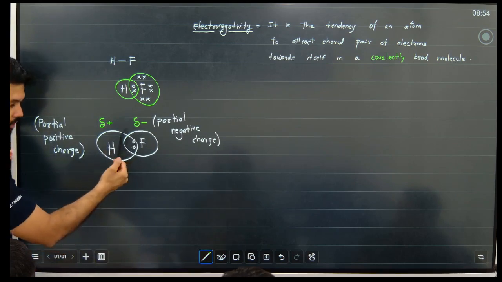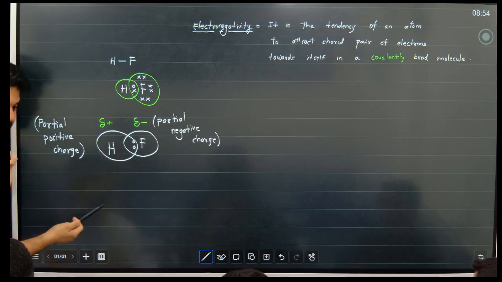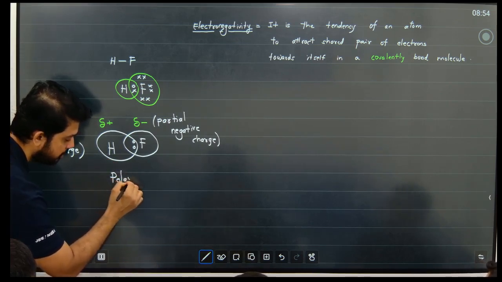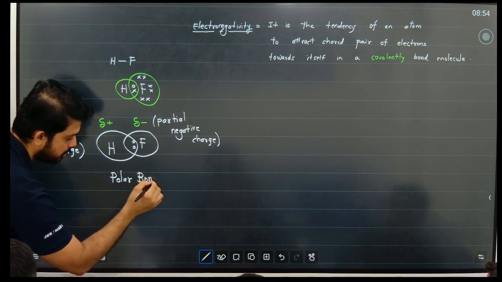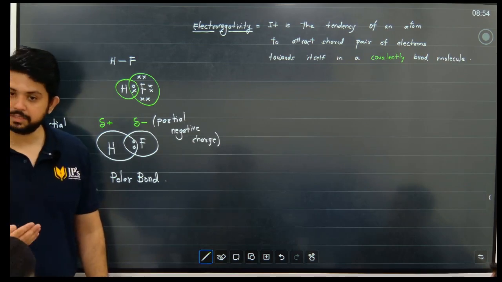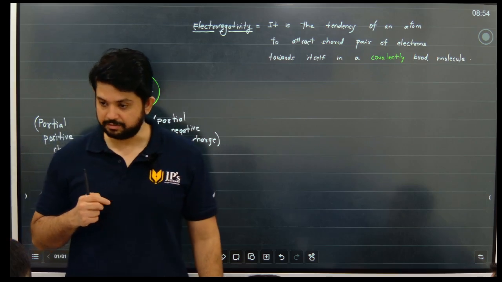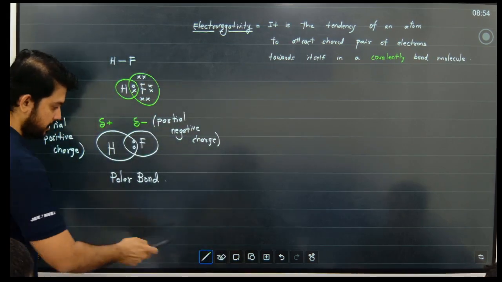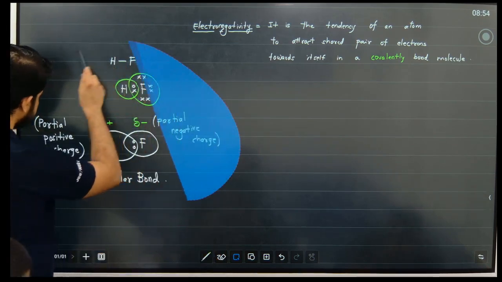Now such a bond where partial positive, partial negative charge they are developed, this is called as a polar bond. I repeat, in any bond where there is a partial positive charge developed, there is a partial negative charge developed, then such a bond is called as a polar bond. With me till here?